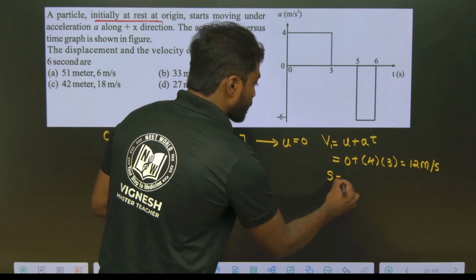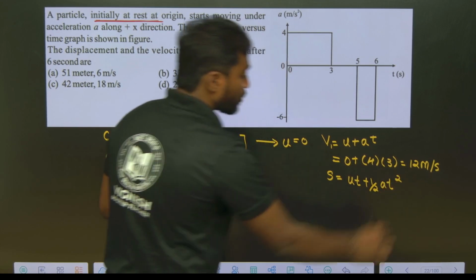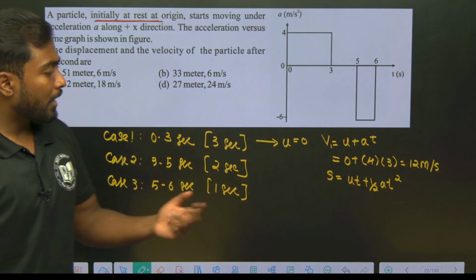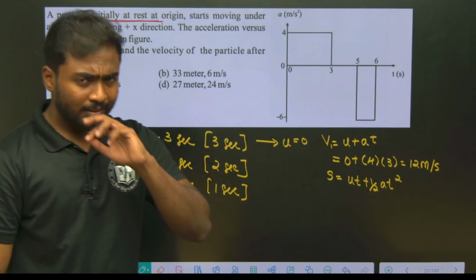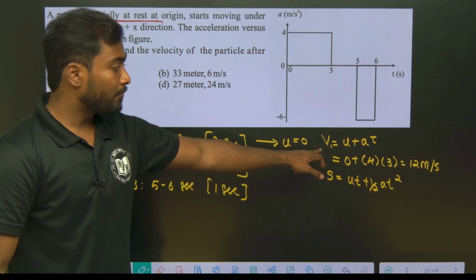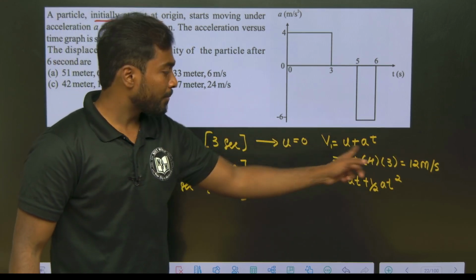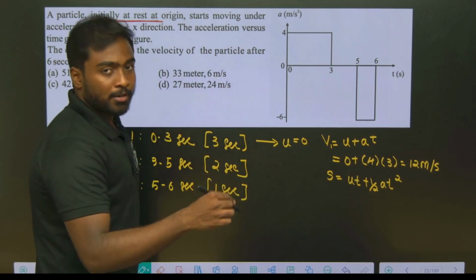Displacement S = ut + ½at². Can I use this equation to find the displacement? Also v² − u² = 2as, where v is 12 and u is 0.